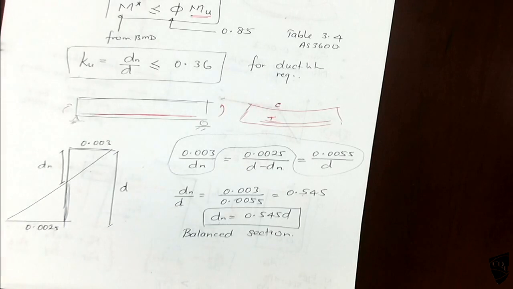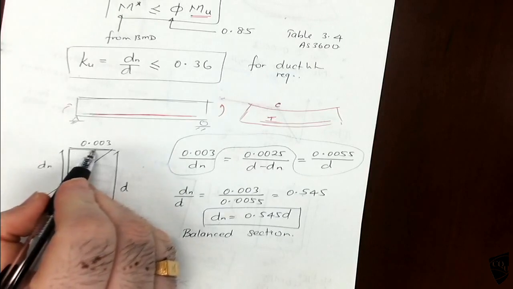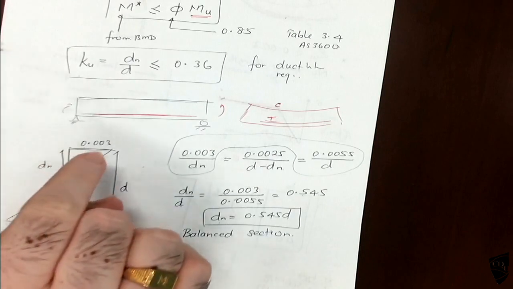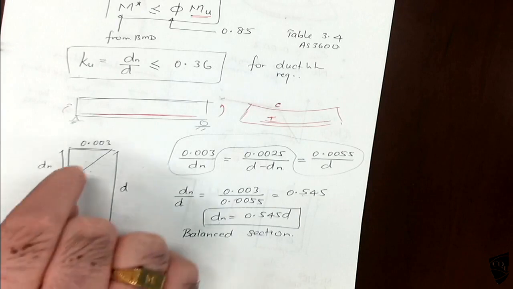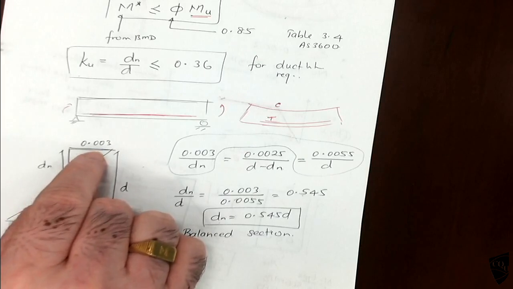If the concrete reaches the maximum strain before the steel reaches yielding, that is called an over-reinforced section. If the concrete reaches 0.003 first, that is an over-reinforced section.